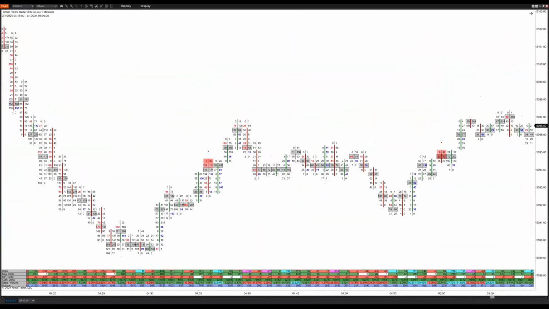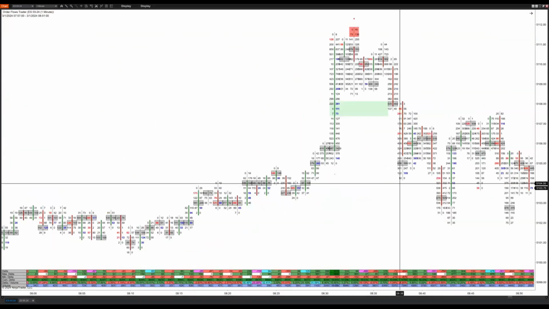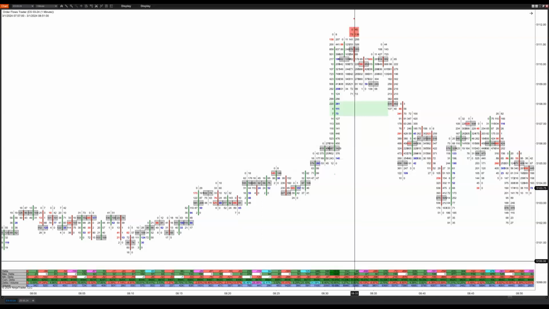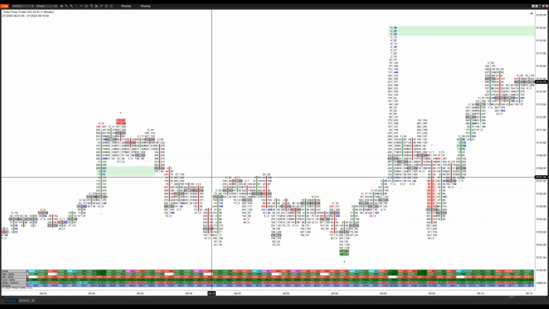Let's go back to the day session today. Cash open, ran up, right up here you've got a divergence. Positive delta on this red candle, 44. Right here, you've got a divergence. So bearish, bullish.